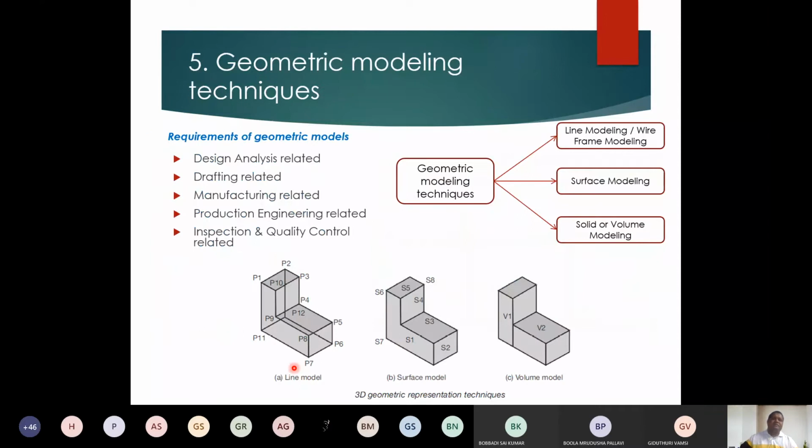And now the fifth topic of today's session is geometric modeling techniques. As I told you, this topic is somewhat important from the exam point of view. Okay, I want you to listen carefully. Geometric modeling is something like this: the engineer may have some idea about a particular product, and he wants to put that idea in a computer.